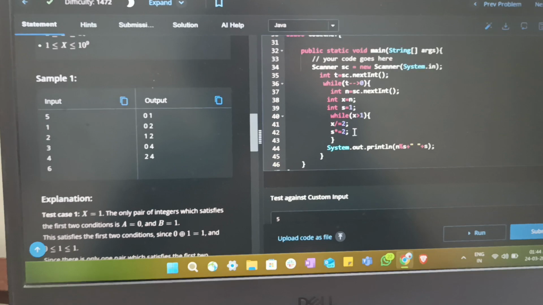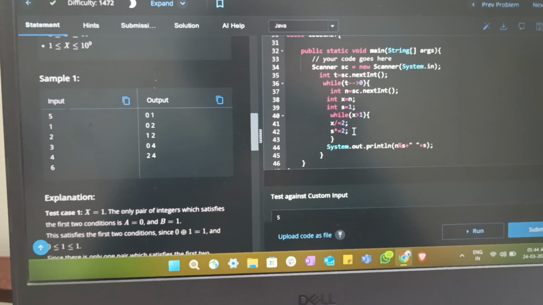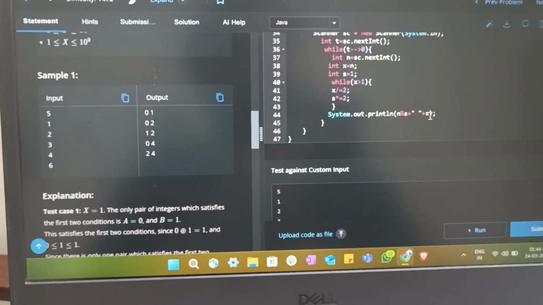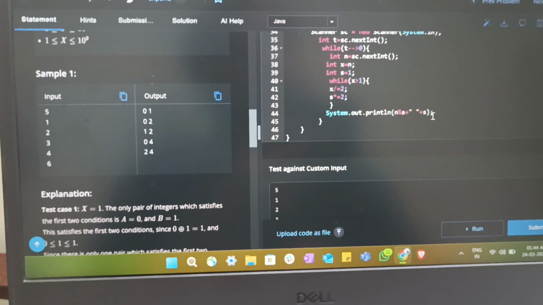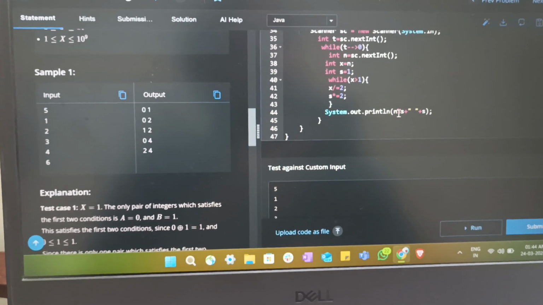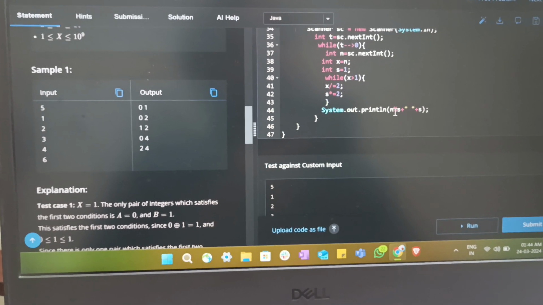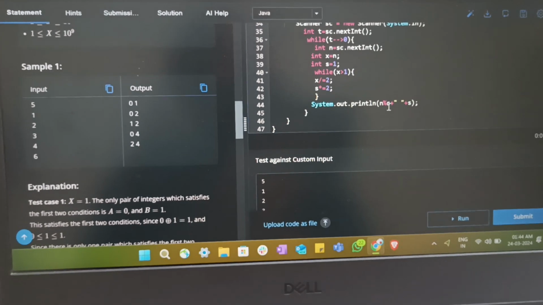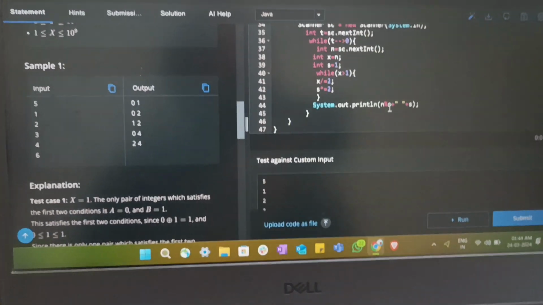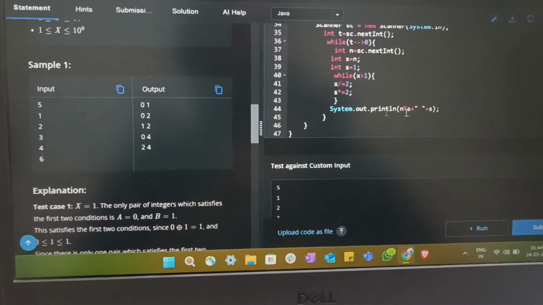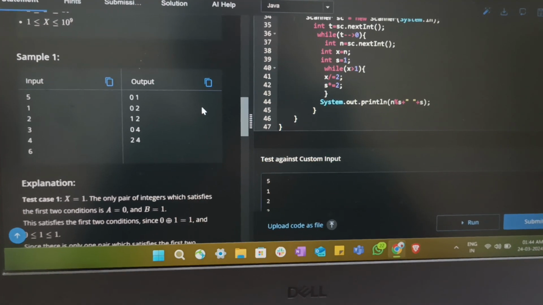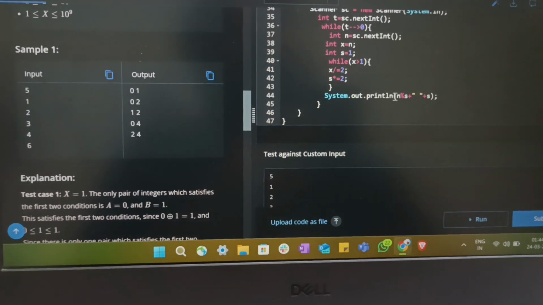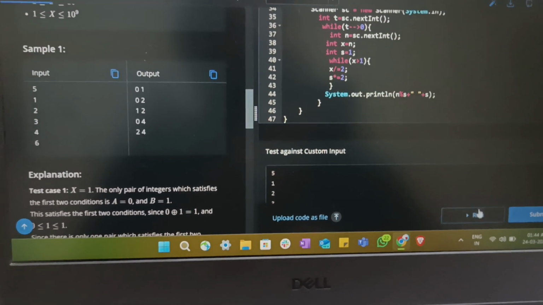So then I print the nearest multiple of 2 as b, and n modulo s as a, because we have to print two numbers a and b. So this is a and this is b.